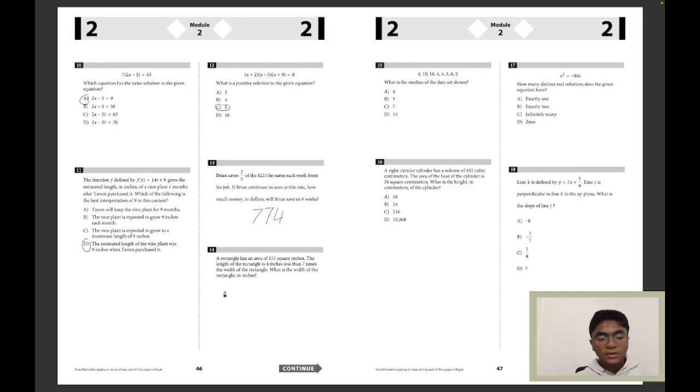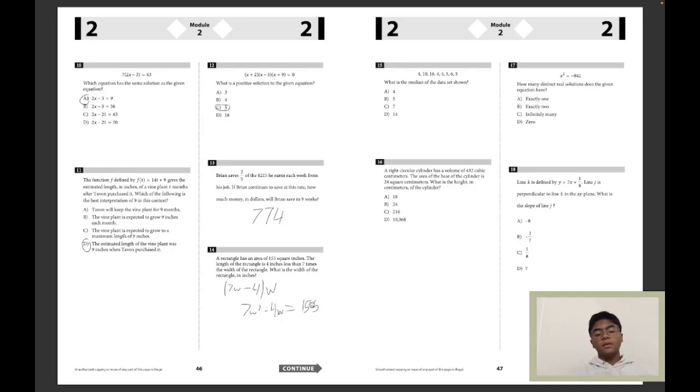So if the length is 4 less than 7 times the width, I'll say W for the width, 7W minus 4, that's our length, and then the width is just going to be W, right? So when you expand this out, this is going to be 7W squared minus 4W, and this is equal to 155.